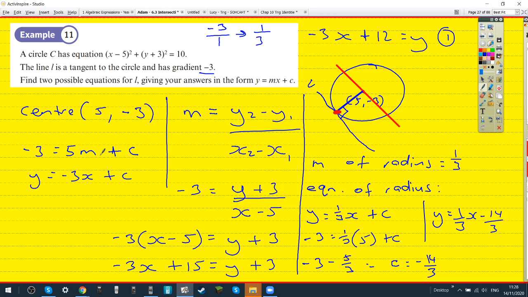How could you find out where the circle meets the radius? Use simultaneous equations? Could you use that? Yeah.